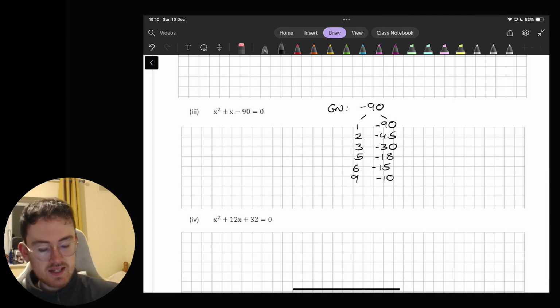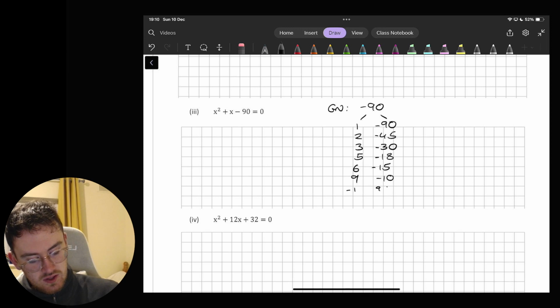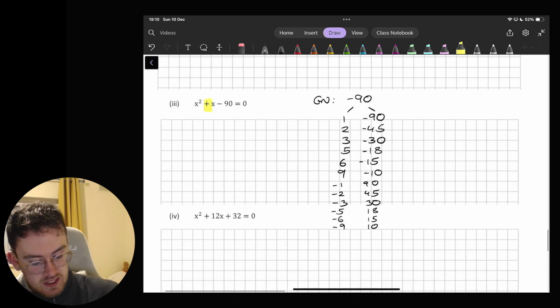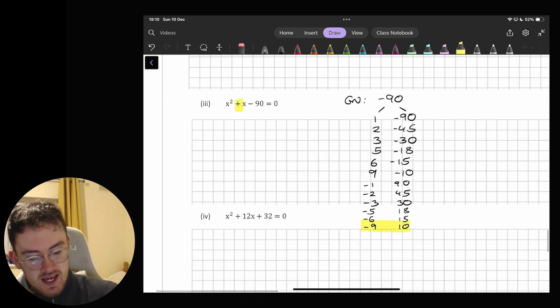Okay, 9 and minus 10, and similarly we do the opposites for all of these as well. Minus 9 and 10. I want them to add to give me the plus 1 in the middle, so it's going to be the minus 9 and the 10.